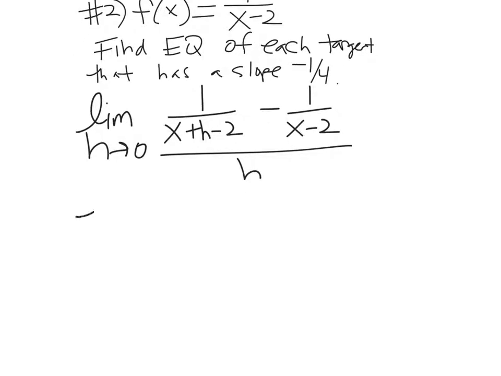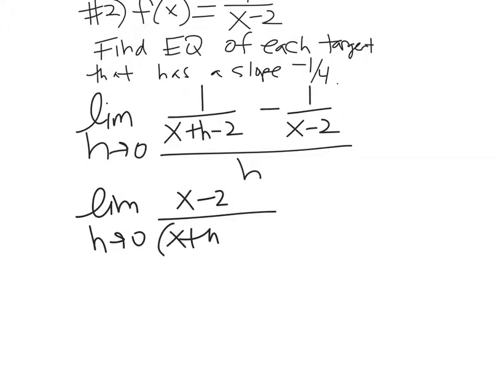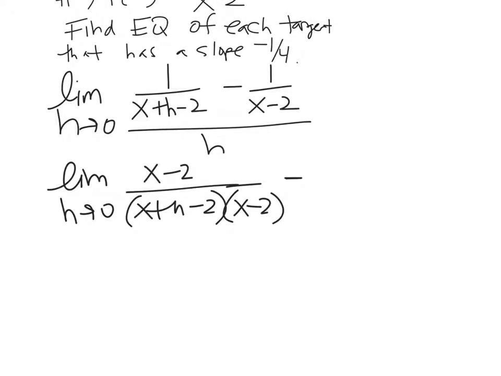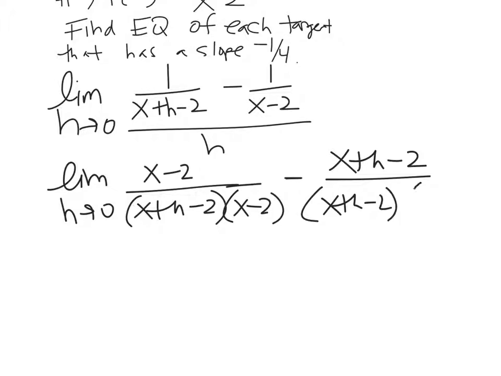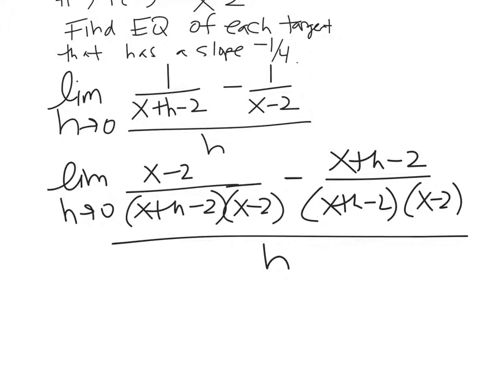You need to multiply top and bottom by x minus 2. So that you get x minus 2 minus x plus h minus 2, over x plus h minus 2 times x minus 2, all of that over h.